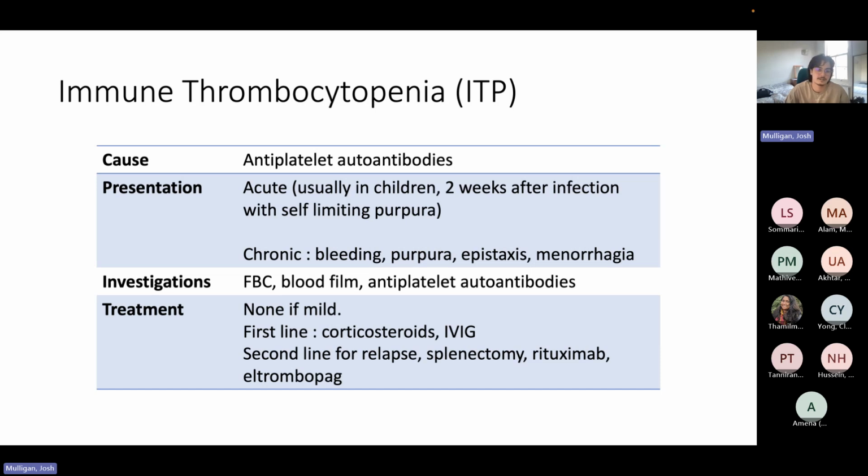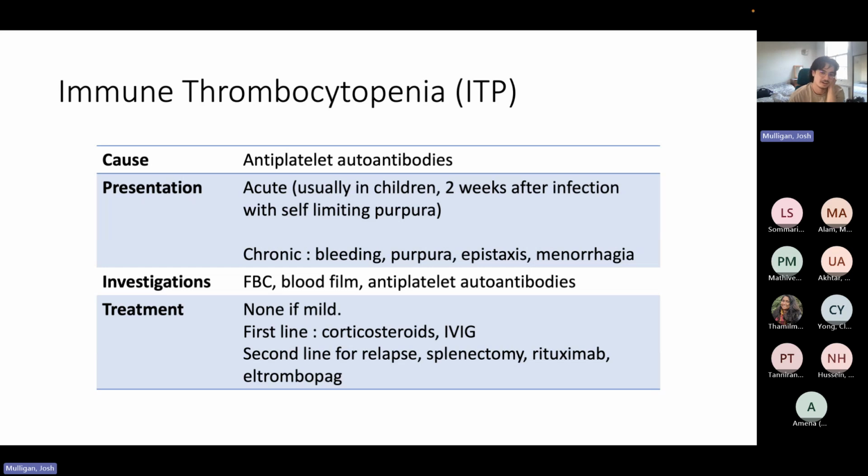The treatment is basically none if mild, but if you want to treat it, you can give corticosteroids, or you can give an immunoglobulin. Does anyone know why you wouldn't give them platelets? Because the body just breaks them down after. Exactly, yeah. You just give them platelets and the body will just destroy the platelets you give them.